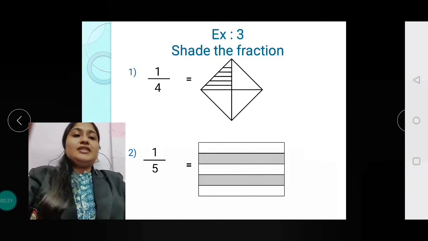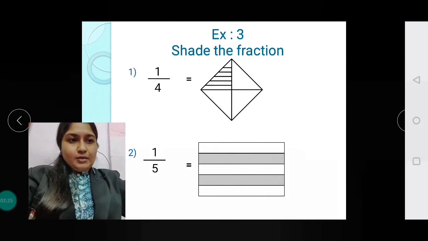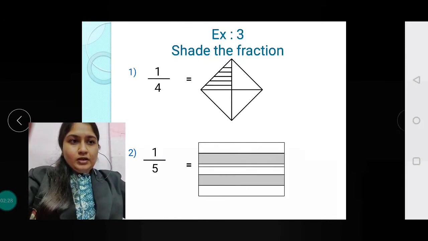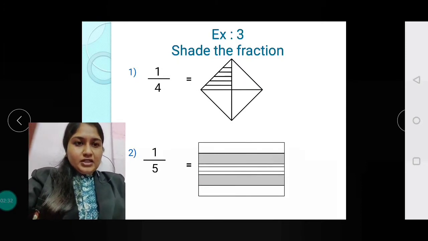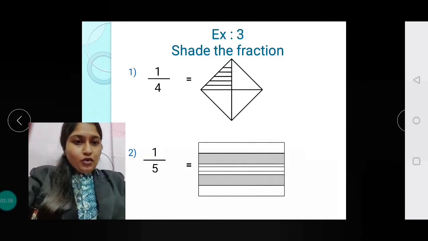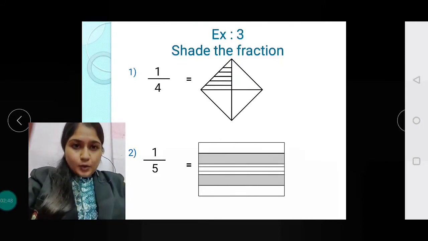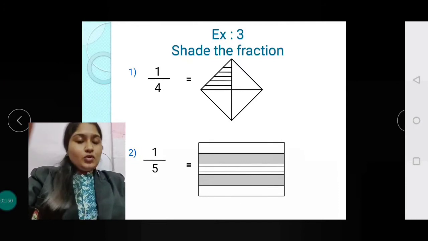First part को छोड़ के second में करते हो, that is also okay. See, I am showing you one example. See, I have shaded this third one. If you shade the fourth one, that is also correct. कोई भी part में से एक part आप shade कर सकते हो. See, I have shaded here the third one, so this one is also right.